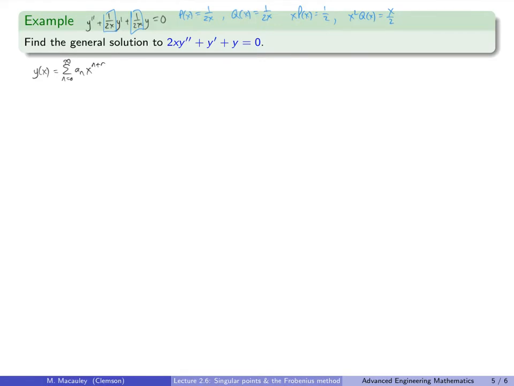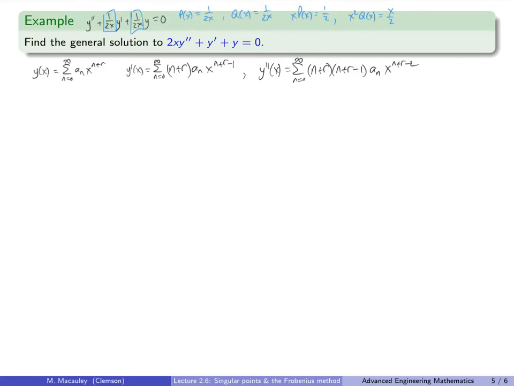So let's take derivatives of this. So y prime of x equals the sum from n equals 0 to infinity of n plus r times a n x to the n plus r minus 1, and y double prime of x equals the sum from n equals 0 to infinity of n plus r times n plus r minus 1 times a n times x to the n plus r minus 2.